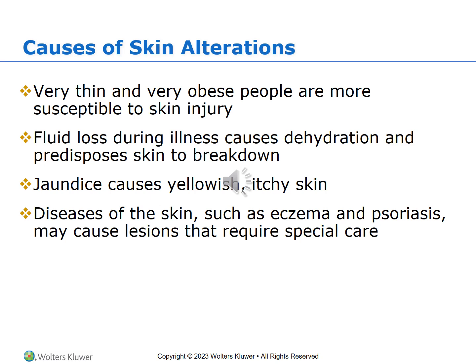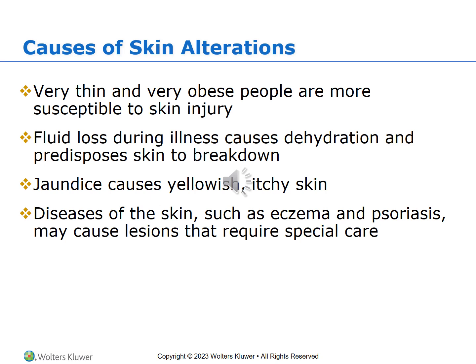All right, causes of skin alteration. Very thin and very obese people are more susceptible to skin injury. A patient who lost fluid due to an illness, such as a dehydrated patient, is predisposed to potential skin breakdown. Someone who has jaundice, their skin may be of a yellow tint.